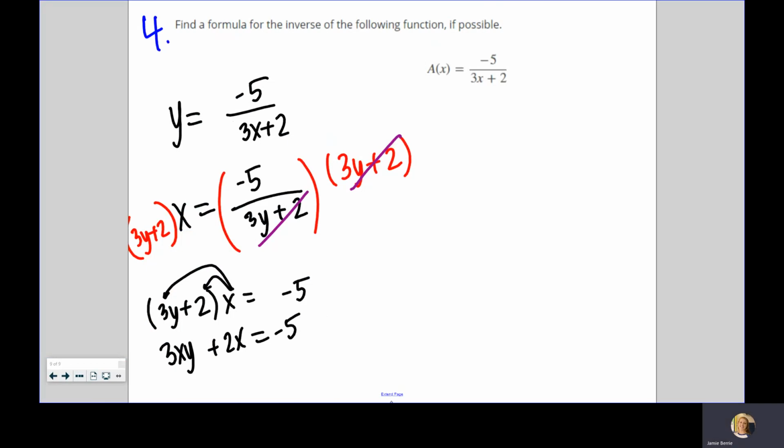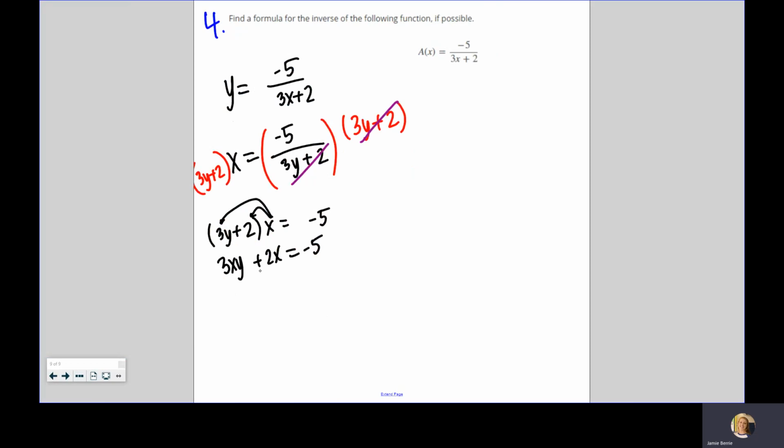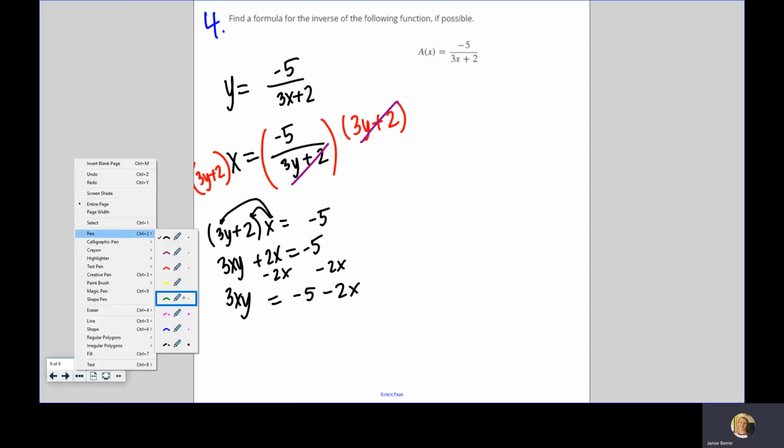So again, remember our whole goal here, we're trying to get y by itself. So let's work on getting y by itself. So subtract the 2x. So that's going to equal -5 minus 2x. It cancels out on the left.